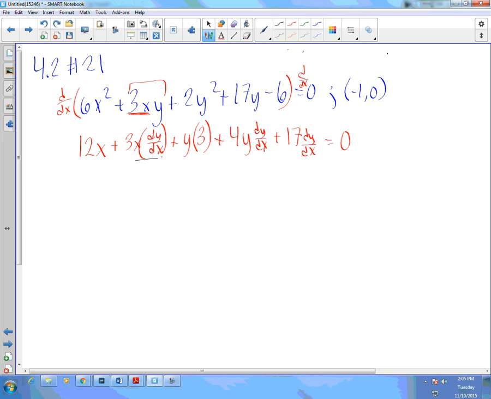Okay, so I'm going to find the terms with dy dx: 3x dy dx, 4y dy dx, and 17 dy dx. They all have the common dy dx, so I'm going to factor out the dy dx and put in my 3x plus 4y plus 17.